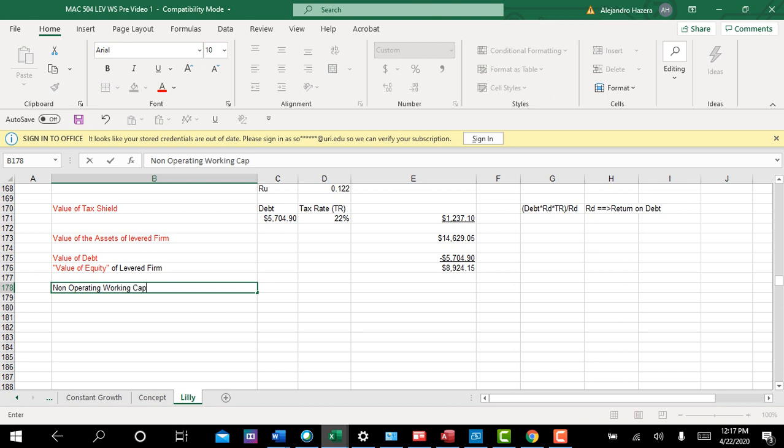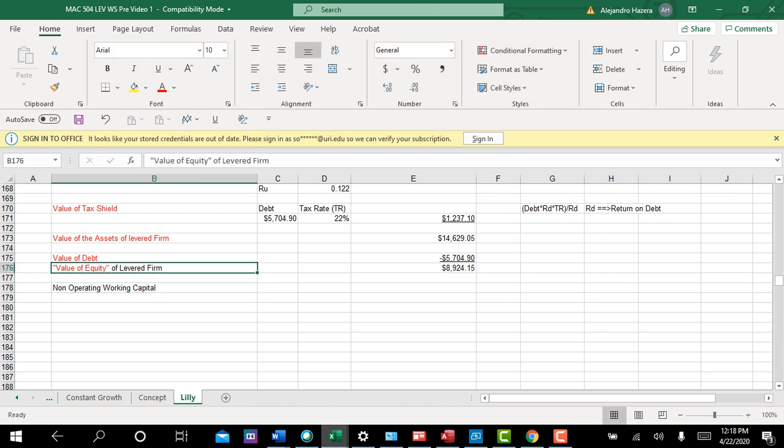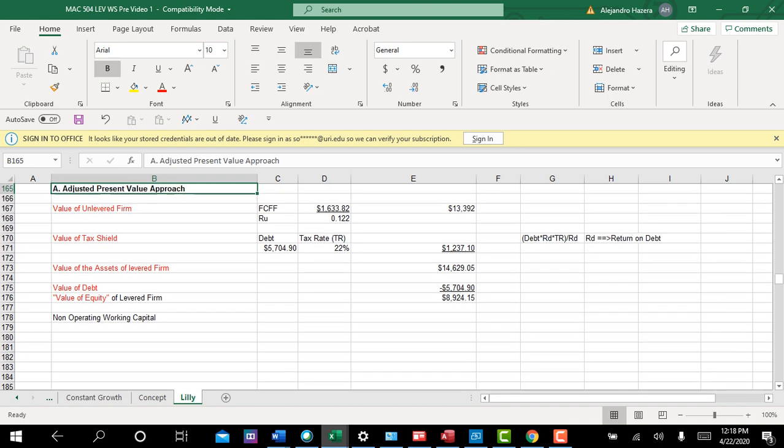And what I'm doing this for is to recognize that a firm has operating assets, plant and equipment, and laboratories, and basically that's the value you get. That's the value of the operating assets of a levered firm. But that wouldn't include cash in the bank and marketable securities.